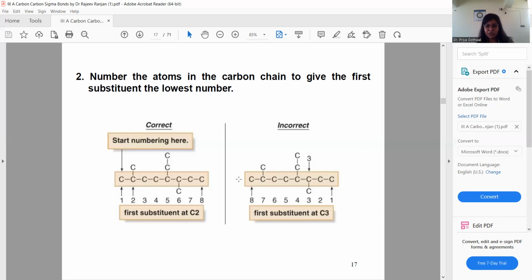We can also compare the incorrect numbering: if we number from here 1, 2, 3, the substituent lies on the third carbon atom, which is farther from the first end. So the correct sequence is the one where the substituent has the lowest number on the longest carbon chain.